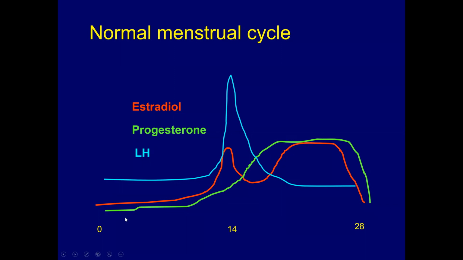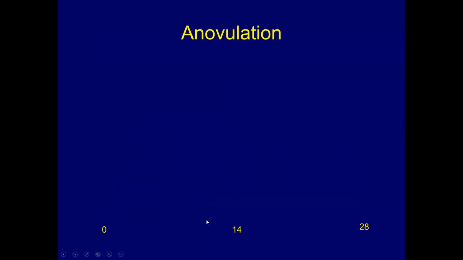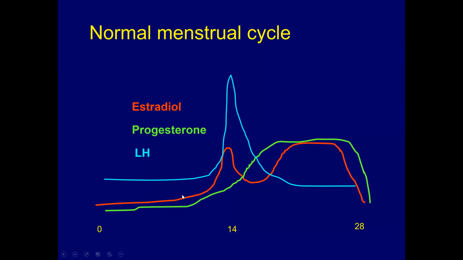So when you start with your estradiol going up, this high estradiol will trigger the LH surge in blue. The LH surge will make the corpus luteum now give more of the green, which is progesterone. So the proliferative phase, where the endometrium gets built, is under the effect of the estradiol.